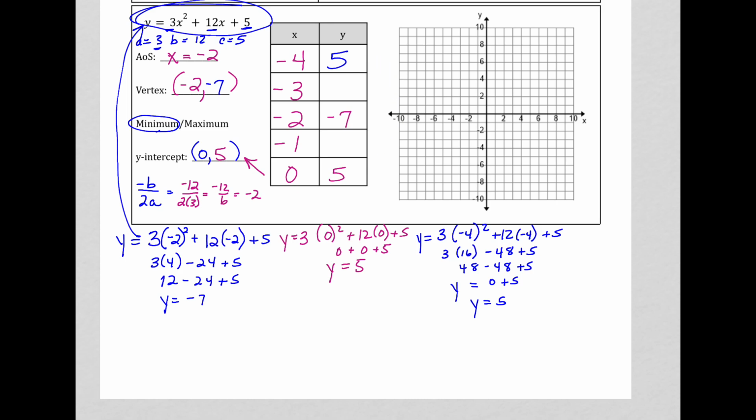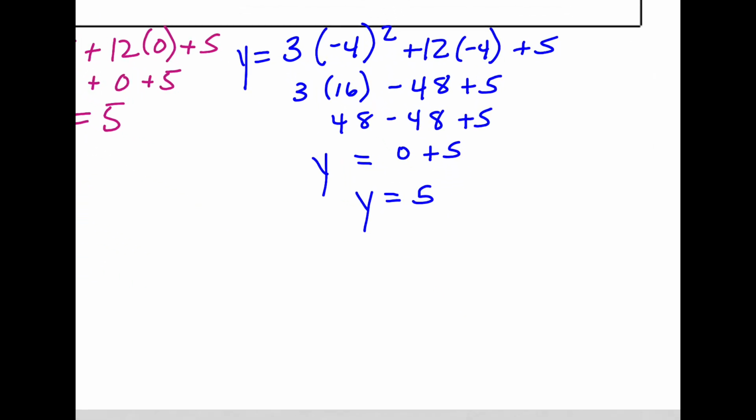So we can, again, find out what -3 is, so we're going to do that same thing. So y equals 3 times -3 squared plus 12 times -3, and then plus 5.